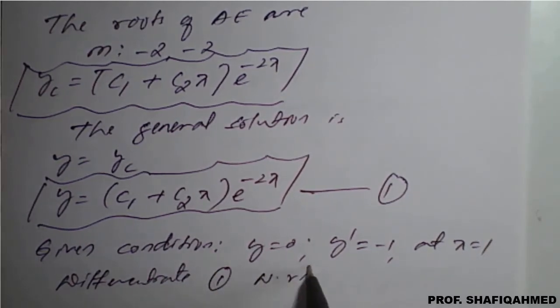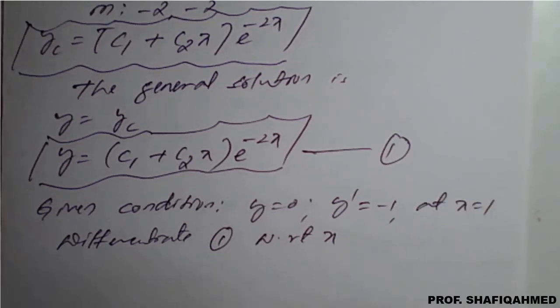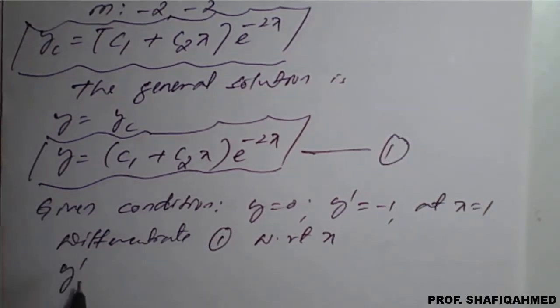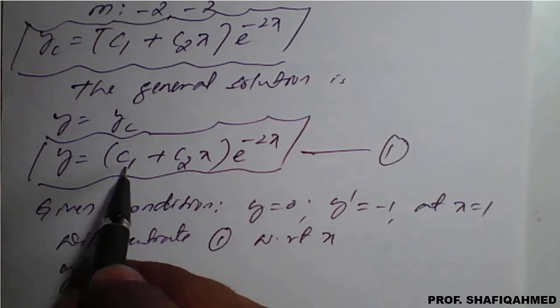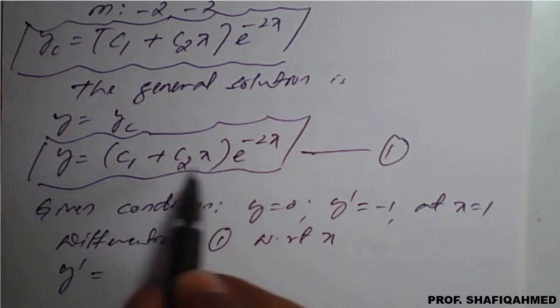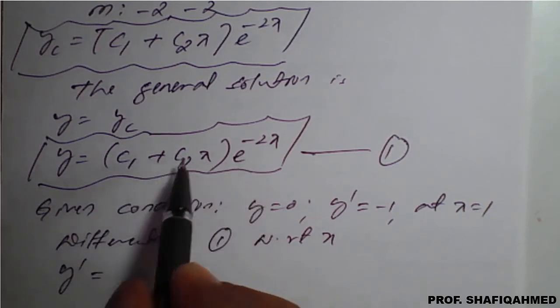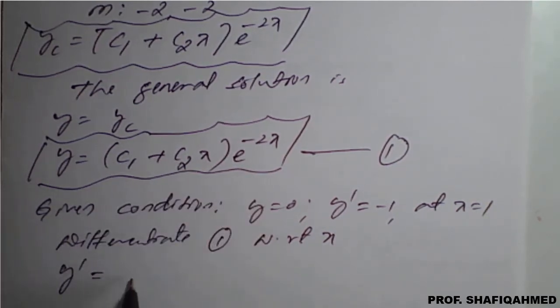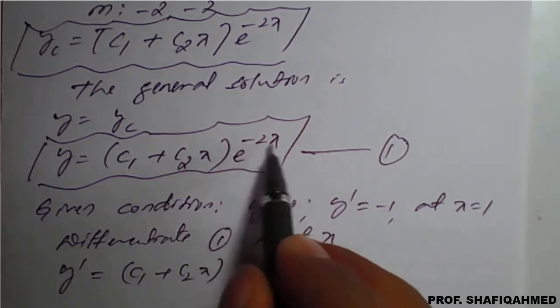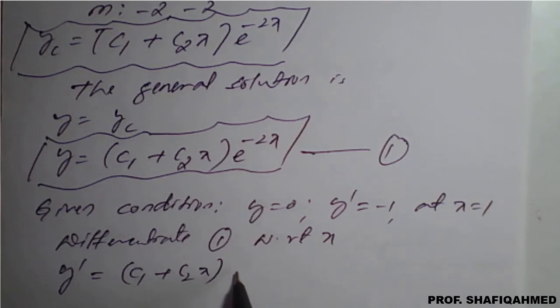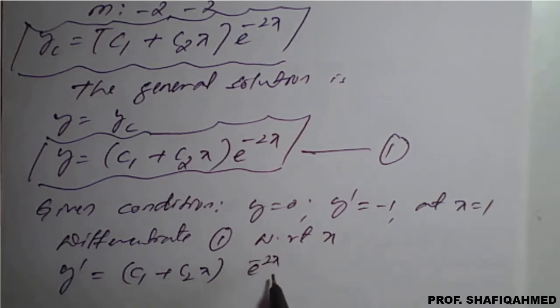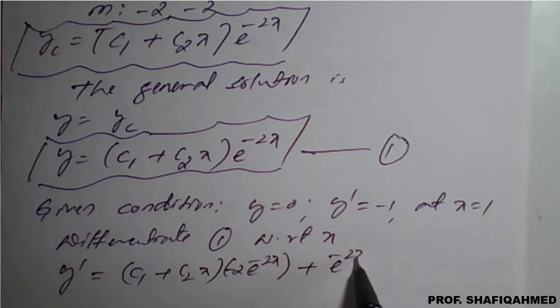Differentiate 1 with respect to x. The differentiation of y with respect to x is symbolically y'. For the right side, either open the bracket or go for the product formula, u into v. I will keep c1 + c2x as it is. The differentiation of e^(-2x) is e^(-2x) into -2, so I will write that -2 before, plus keep e^(-2x) as it is.